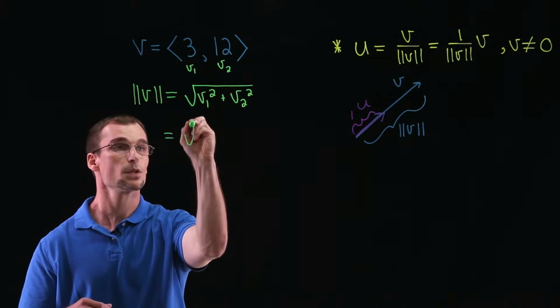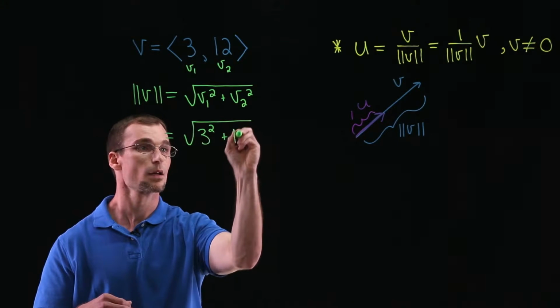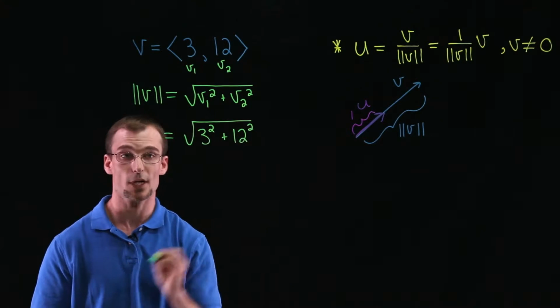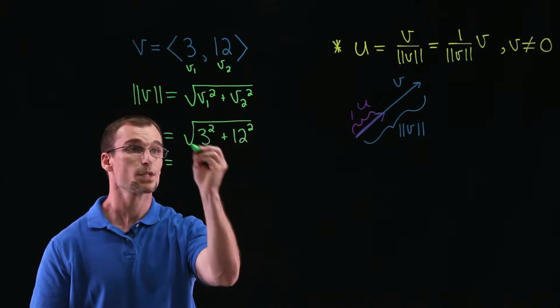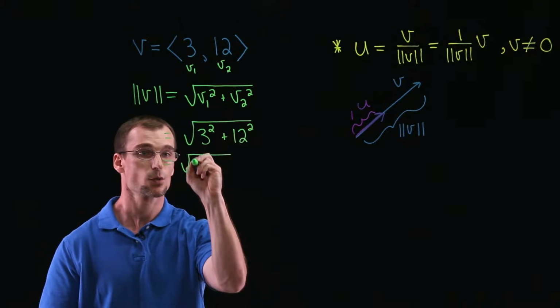So this is equal to the square root of 3 squared plus 12 squared. 3 squared is 9, plus 12 squared is 144. So that gives us the square root of 153.